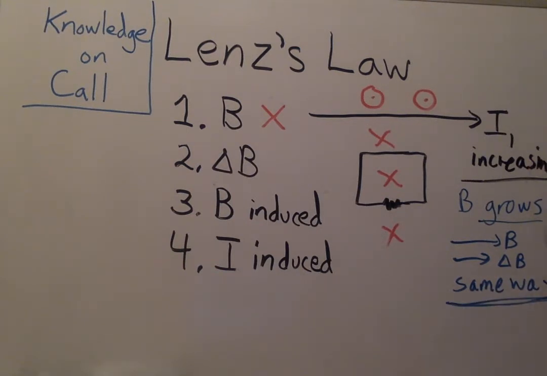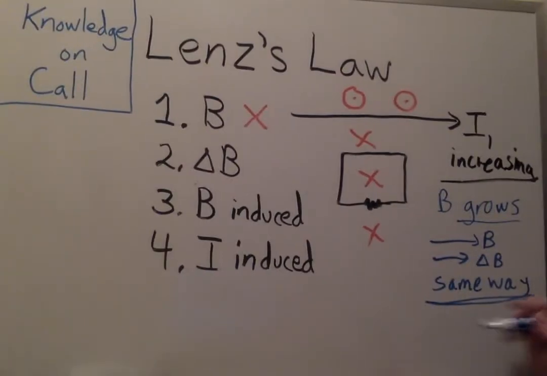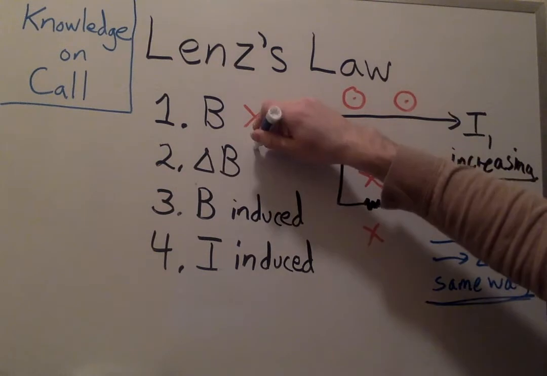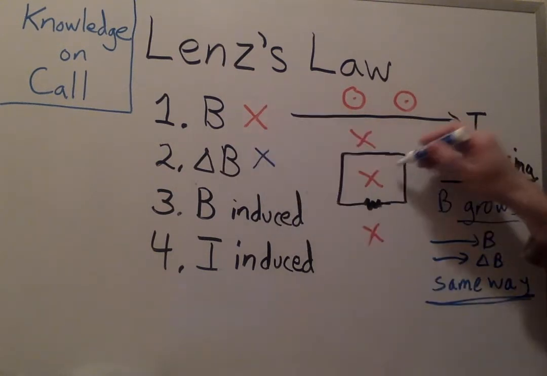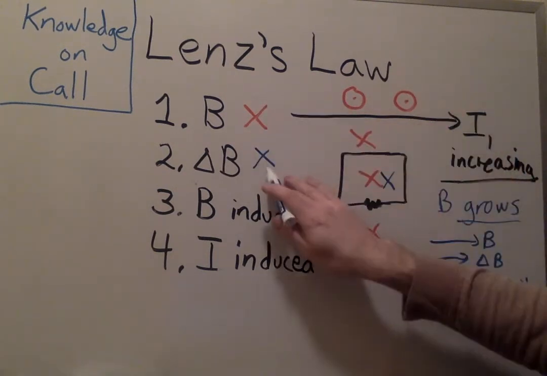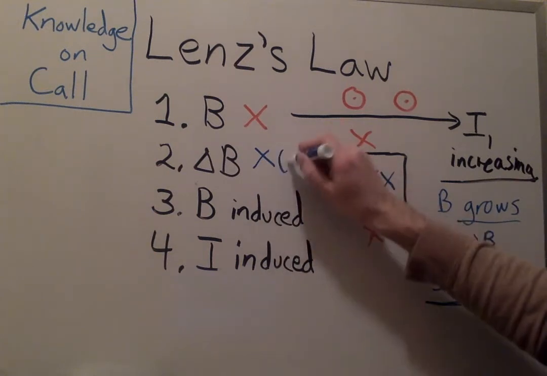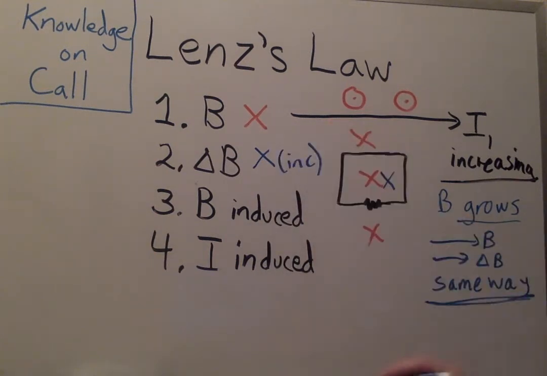If B were shrinking, if the current were decreasing, B and delta B would point opposite ways. So if it's increasing, that means delta B points the same way as B, and this is because it is increasing.